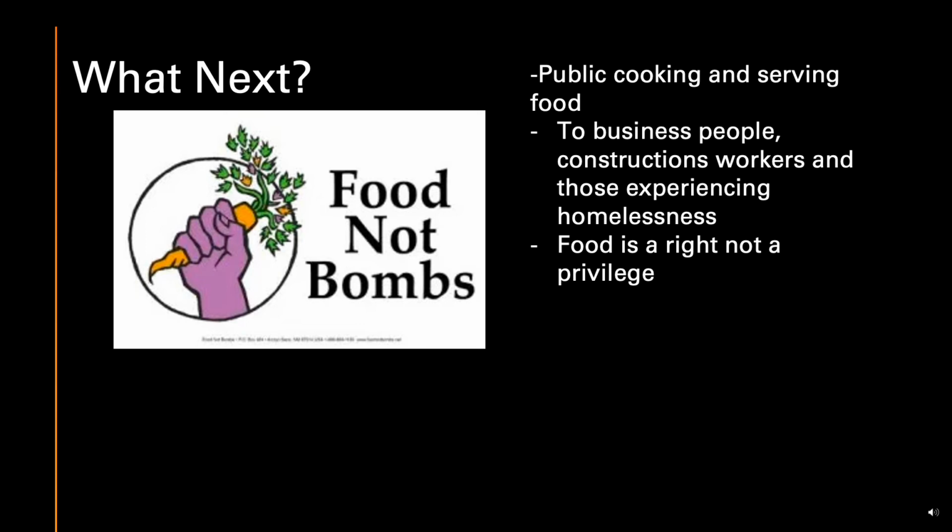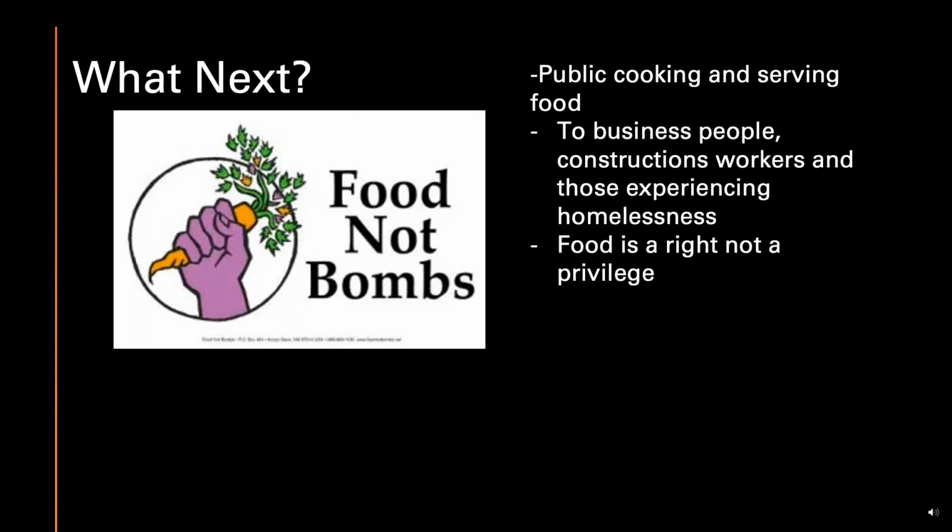The donated food is coordinated with bakeries, restaurants, and grocery stores. Food Not Bombs cooks and serves this food in spaces like public parks and presents the food as a meal for business people, construction workers, or those experiencing homelessness.